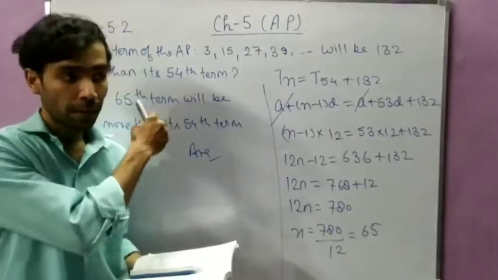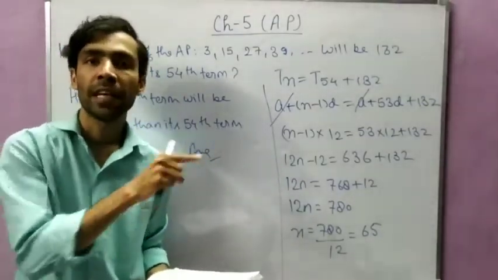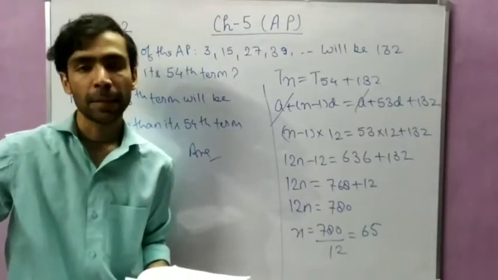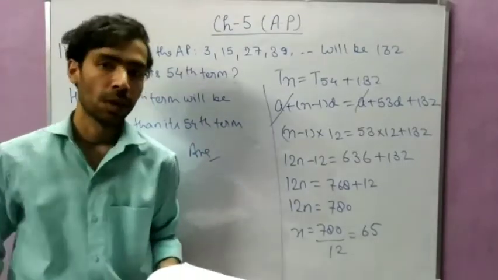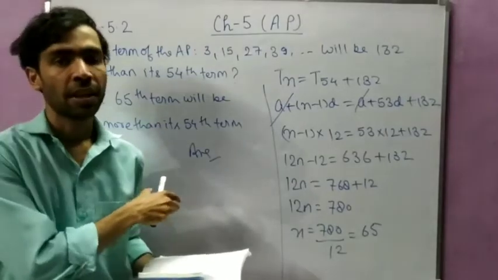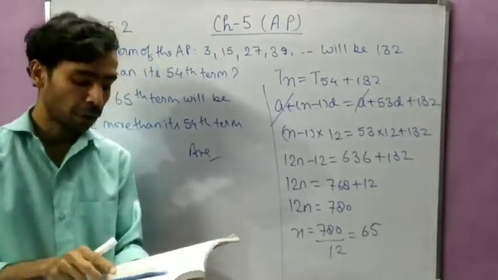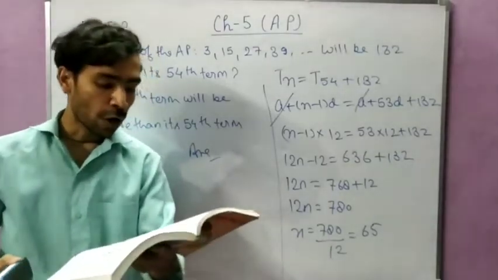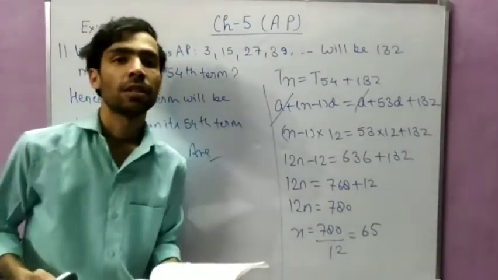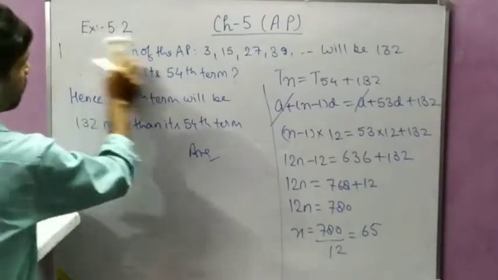So for the first AP you will assume the first term A1, and for the second AP the first term A2, and make the equations given, and when you solve it, you will easily get the difference of their 1000th term. That question you can do by yourself.